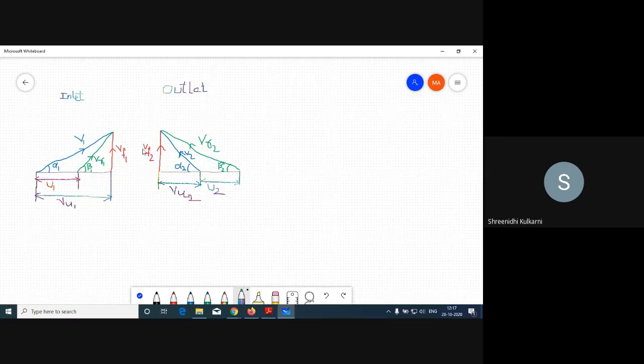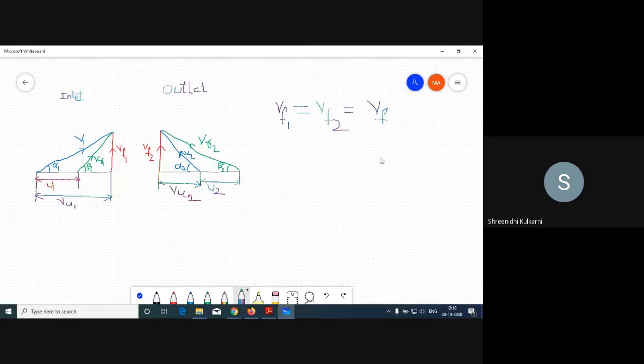Whatever the flow velocity VF is, it is constant throughout the turbine. Suppose I call the flow velocity 10 meter per second throughout the turbine, it means VF1 is equal to VF2. So here I am going to write VF1 is equal to VF2, so that is equal to VF.